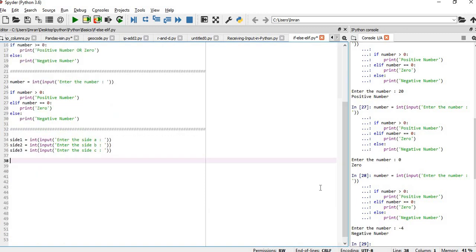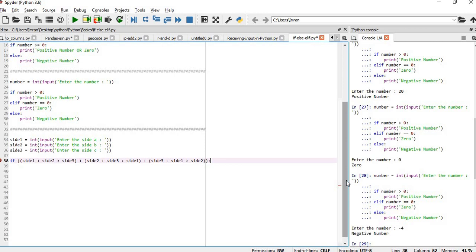The basic rule of geometry says that the sum of any two sides should always be greater than the third side, only then can the triangle be formed. So in our case, we'll first write if side 1 plus side 2 is greater than side 3, and side 3 plus side 1 is greater than side 2.